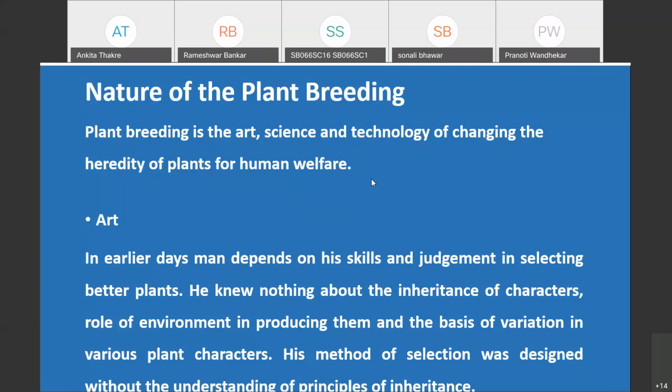But somehow he selected certain plants depending upon his needs, and that's why in the older time, when science was not very developed, the crop improvement process was started. Therefore, in the older time, plant breeding was believed to be an art, because in earlier days man depended on his skills and judgment in selecting the better plants.